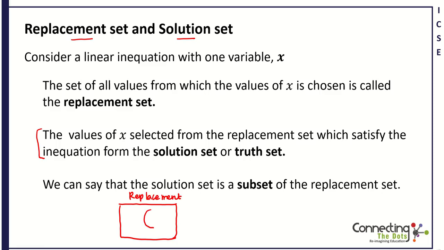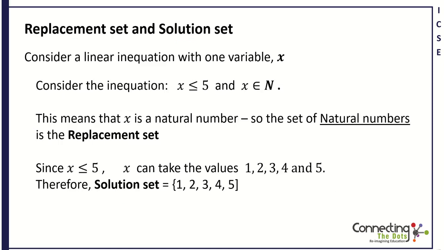And a subset of numbers inside the replacement set which satisfy the given inequation forms the solution set. So you can say that the solution set is a subset of the replacement set. So this is illustrated with an example.